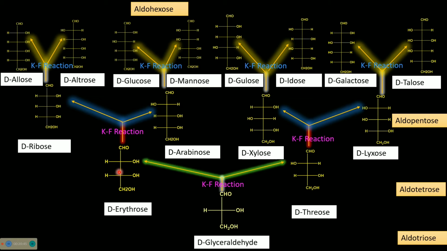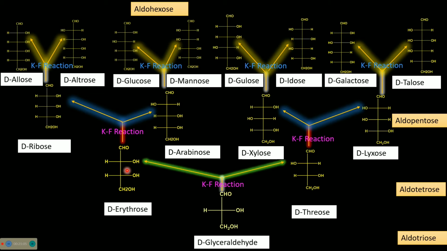So this is DD, this is DL. The Killiani-Fischer reaction on D-glyceraldehyde gives us D-erythrose and D-threose. These two structures are known as epimers of each other.